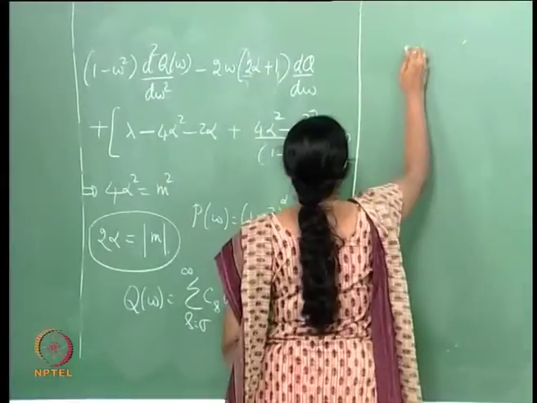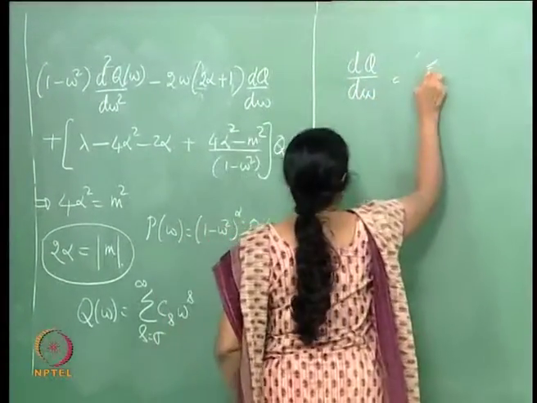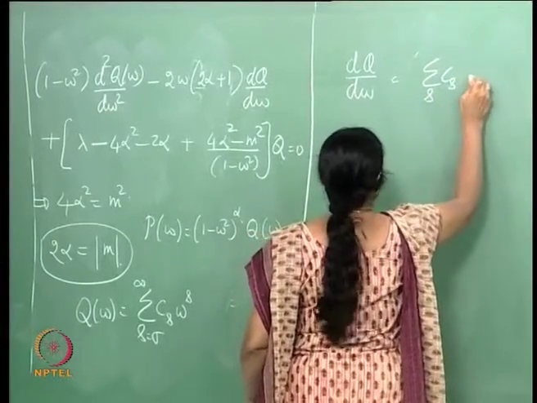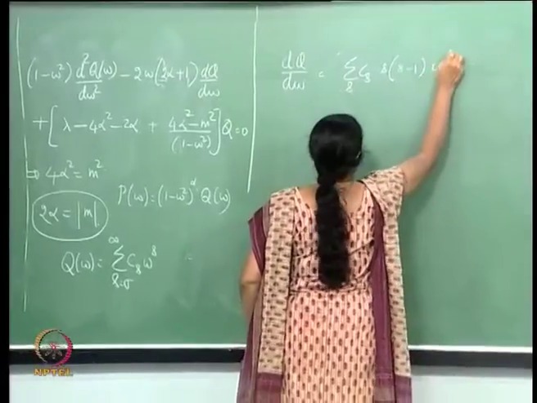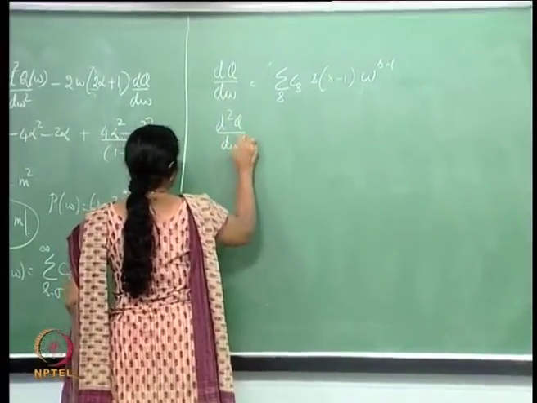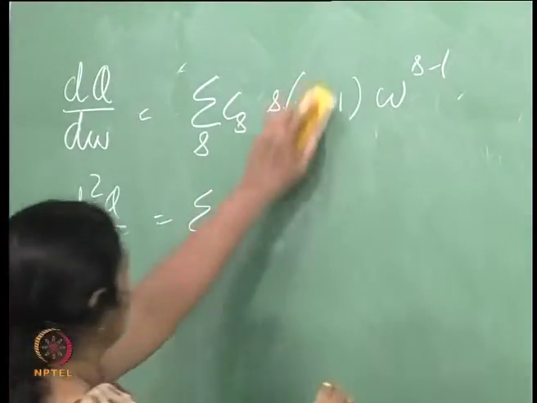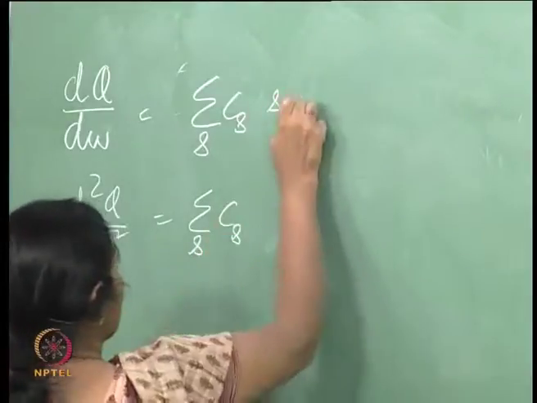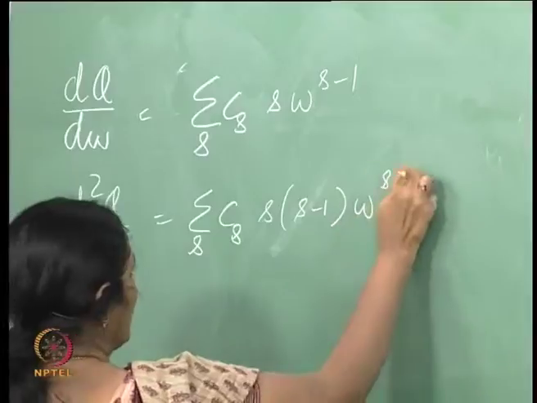So, when I substitute there, dq by dw is the sum over s of Cs times s times w to the s minus 1, and d2q by dw squared is the sum over s of Cs times s times s minus 1 times w to the s minus 2.